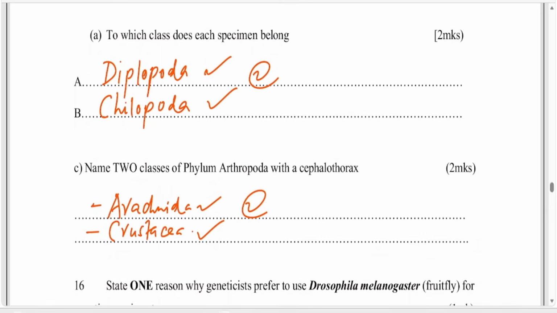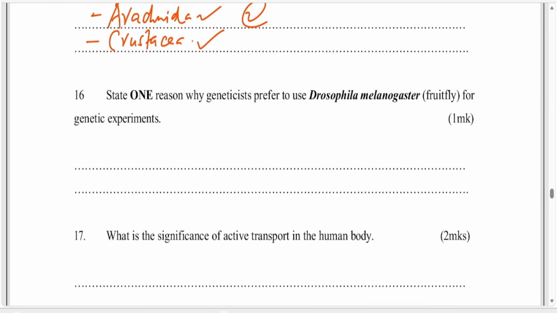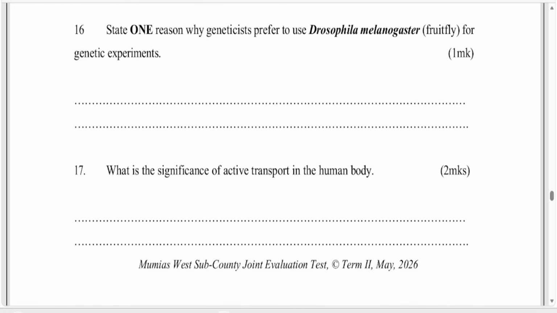Question number 16. State one reason why geneticists prefer to use Drosophila melanogaster, the fruit fly, for genetic experiments.